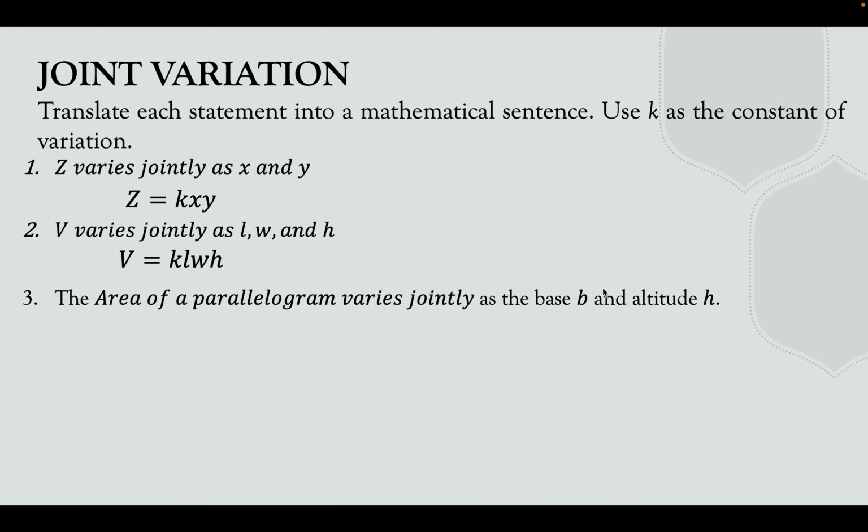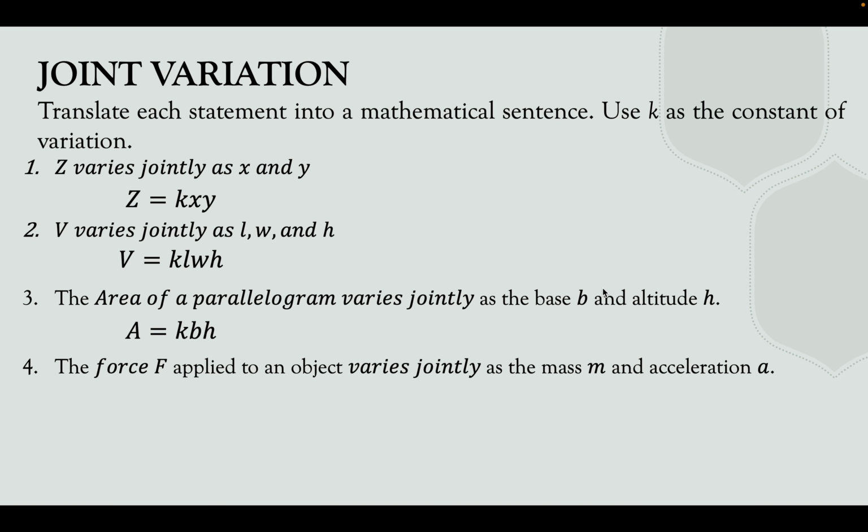Example number 3: the area of the parallelogram varies jointly as the base B and the altitude H. So we have A equals K times B times H, or area of the parallelogram equals K, the constant of variation, times the base and the altitude.